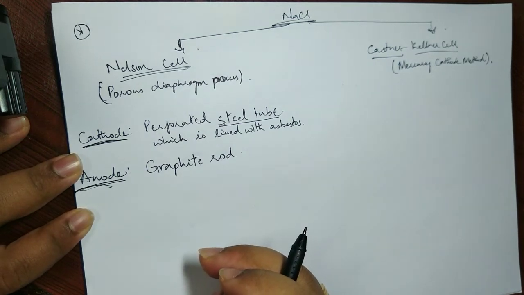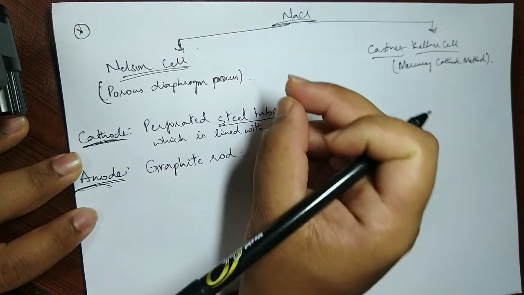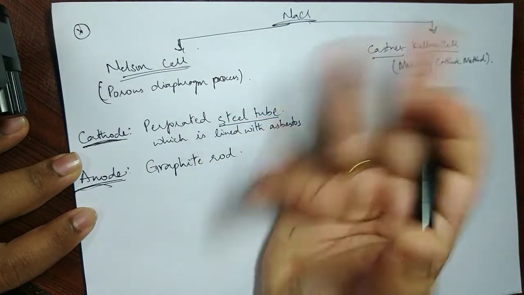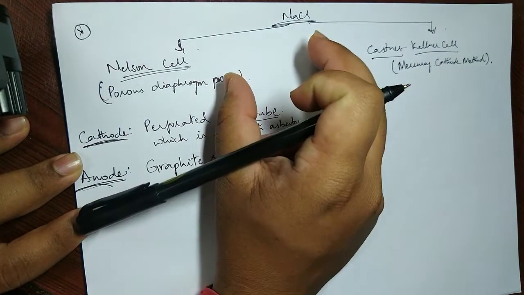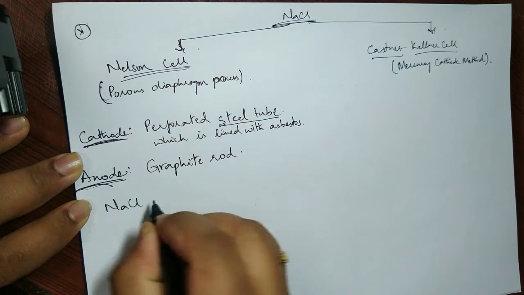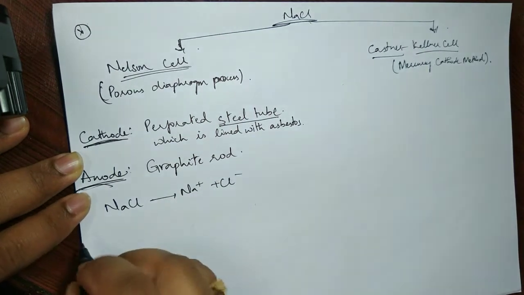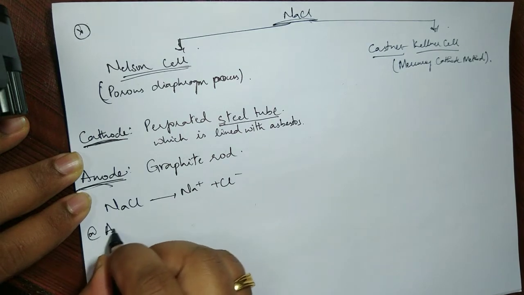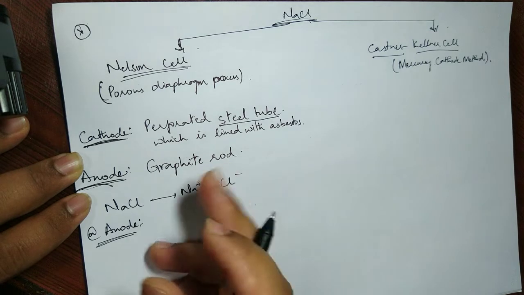So what exactly is happening? NaCl solution. We cannot take solid NaCl, it is not a good conductor, we have studied it. So we generally take fused NaCl or molten NaCl or solution. In the solution, NaCl breaks down as Na+ and Cl-. The first reaction always starts at the anode, so that you can memorize it easily.